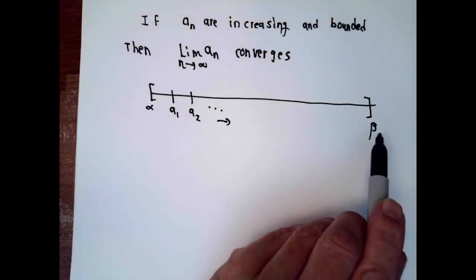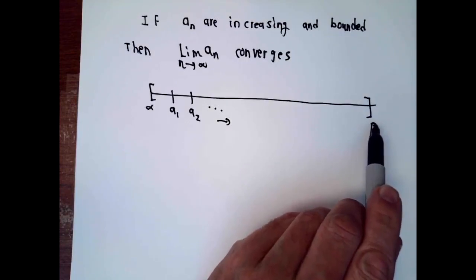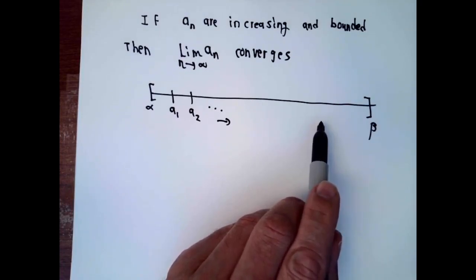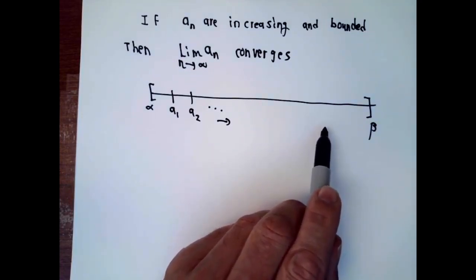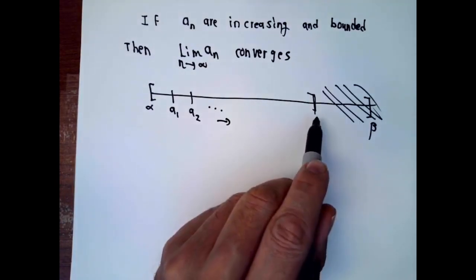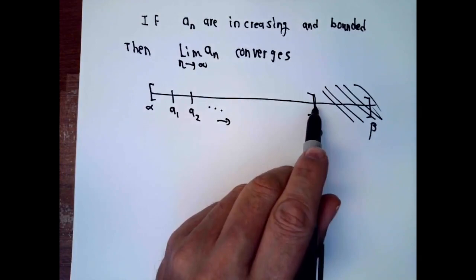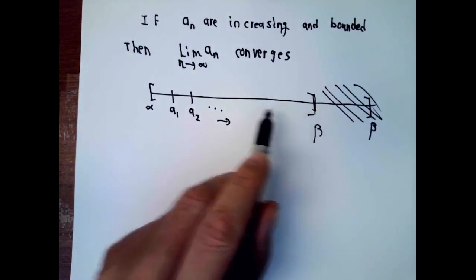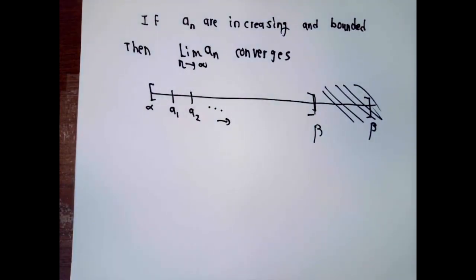It could be that between beta and some prior location on the x-axis, there are none of the a numbers. That could happen. If so, I'll just shrink my interval down. It could be that between my new beta and some distance to the left, there are none of these an values.